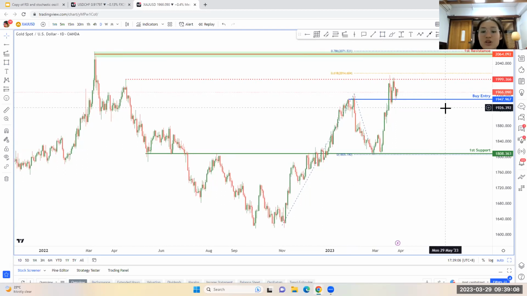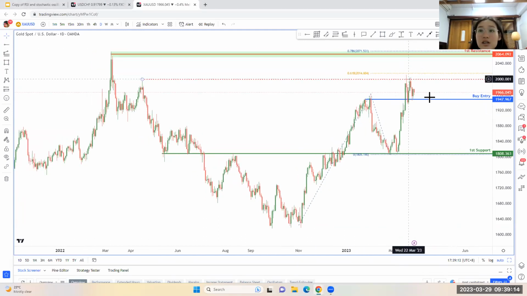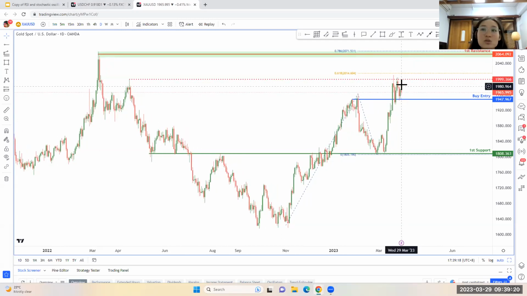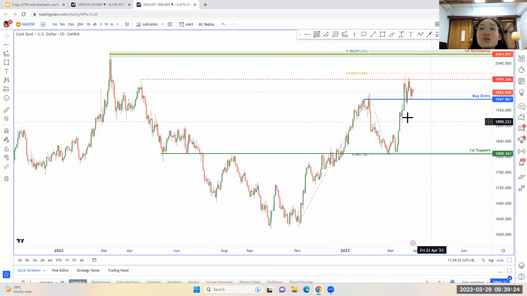We want to take note of these levels because we're expecting price to go upwards. We're expecting price to move up. That's why we're going in for a buy, right?